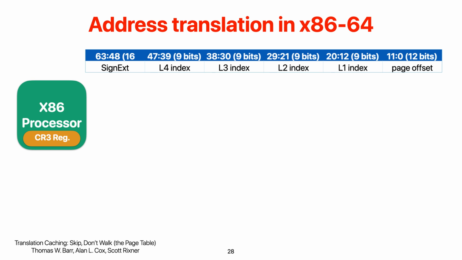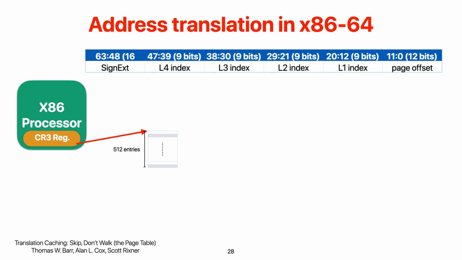The CR3 register in your x86 processor points to the root node of the page table. Again, the middle part of the root node will very likely point to null, meaning that no space is allocated for tree entries associated with that part.